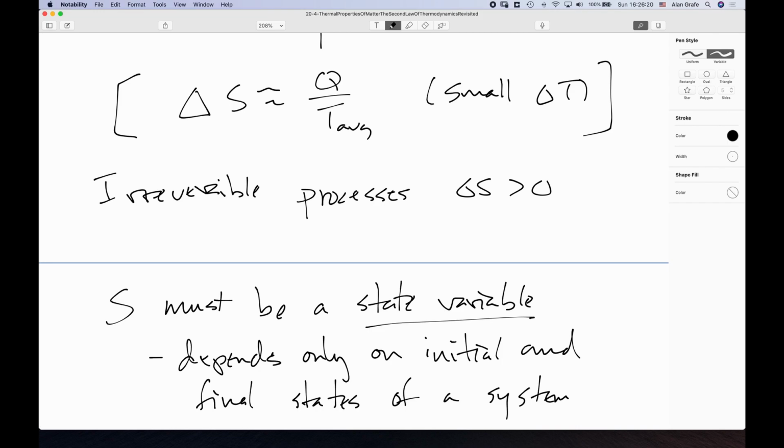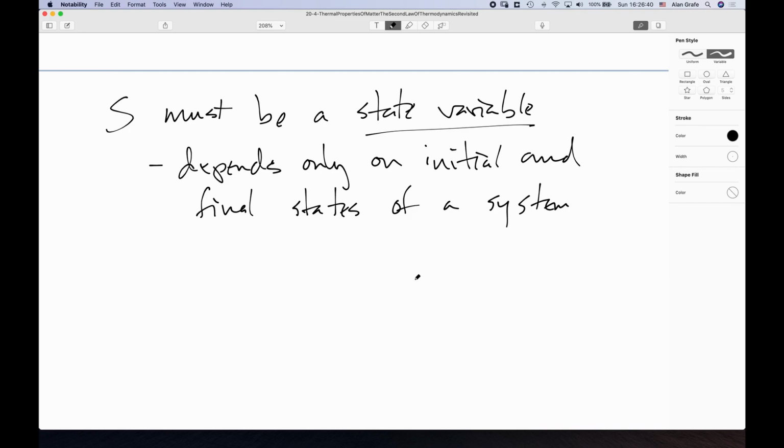Engineers have a whole black art where they've figured out how to draw diagrams of reversible processes that always give them the right answer for processes that are actually irreversible. And I always stand in awe of them doing that. But the big deal here is that we can then say that delta S is equal to S final minus S initial.